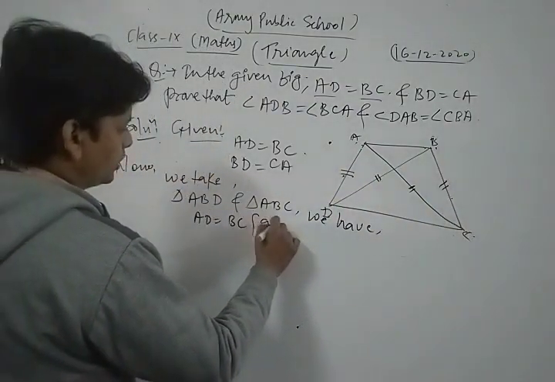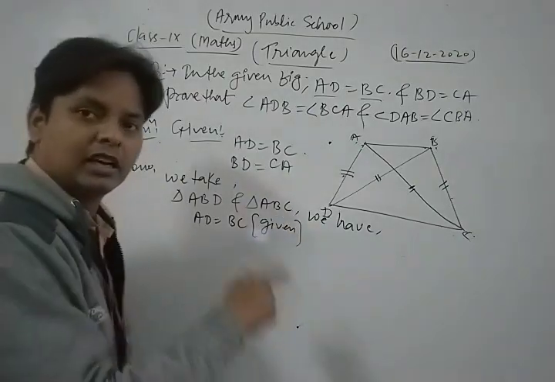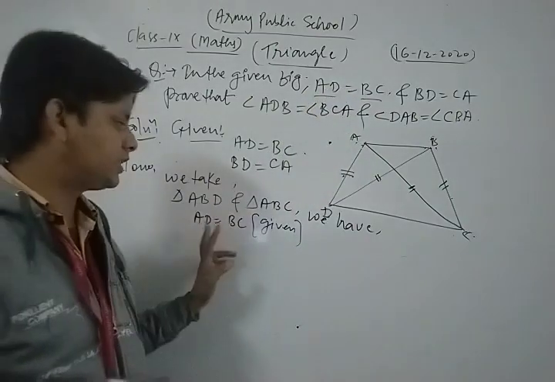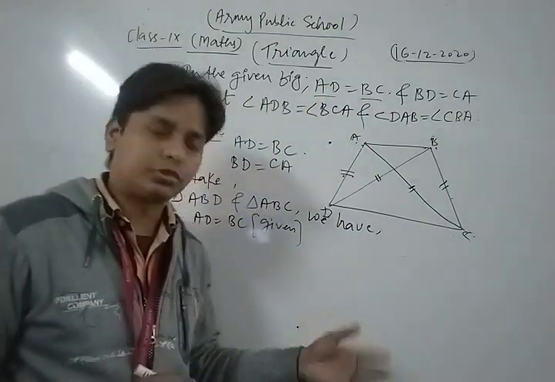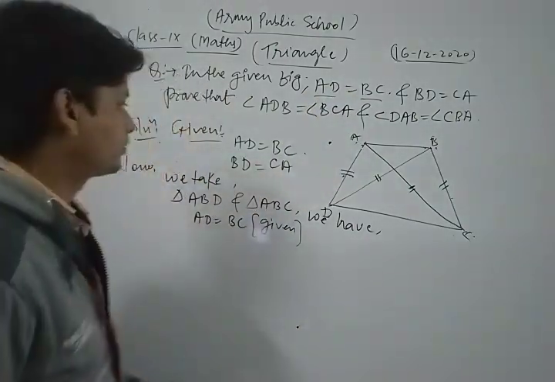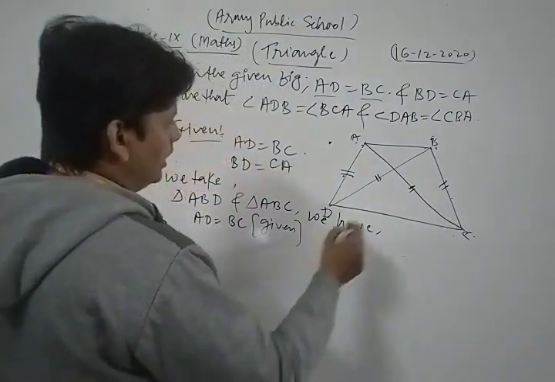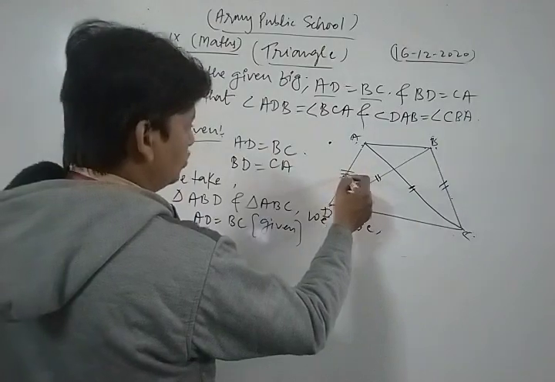This is given in our question, because we already have AD is equal to BC in our question. So write it in this way: given. Now let's see the next slide, dear friends. Yes, AD is equal to BC.